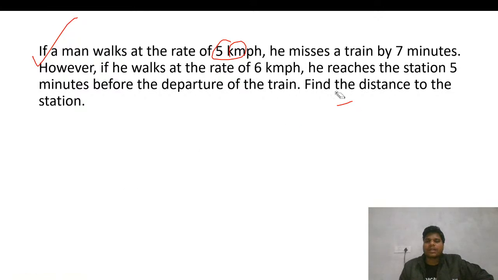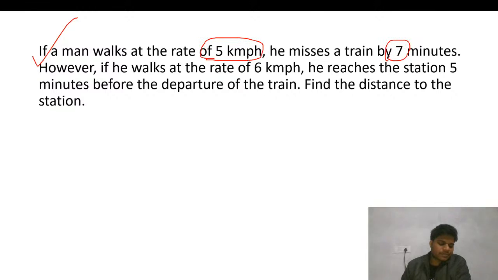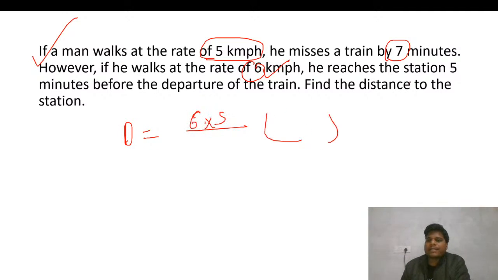Okay. So see this question. How will we do this question? If a man walks at this much, he misses the train by 7 minutes. If a man walks at 6, you need to find the distance. So S1, S2 is given. And he reaches 5 minutes before the departure of the train. So how much difference is there in the time?